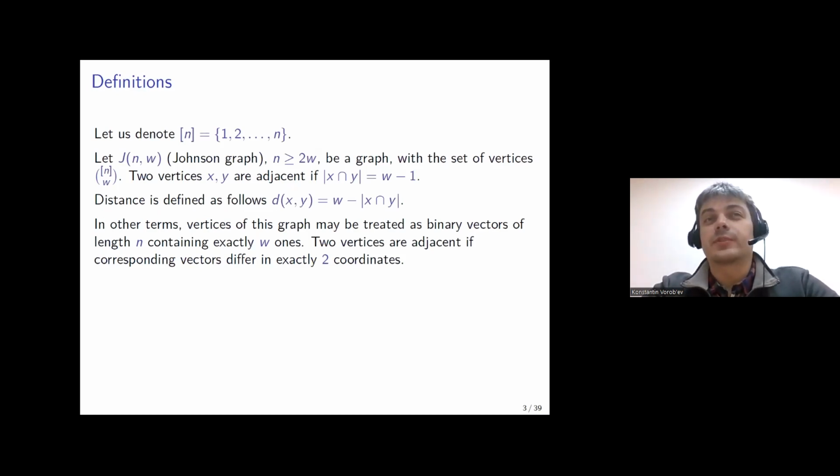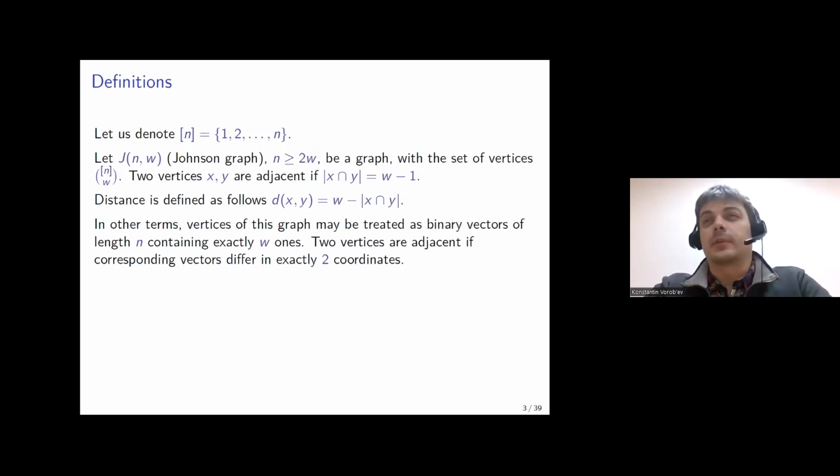We say that two vertices x and y are adjacent if the size of the intersection of x and y is equal to w minus 1. So it's easy to see that it's possible to define a distance in this graph: the distance from x to y is equal to w minus the size of the intersection.